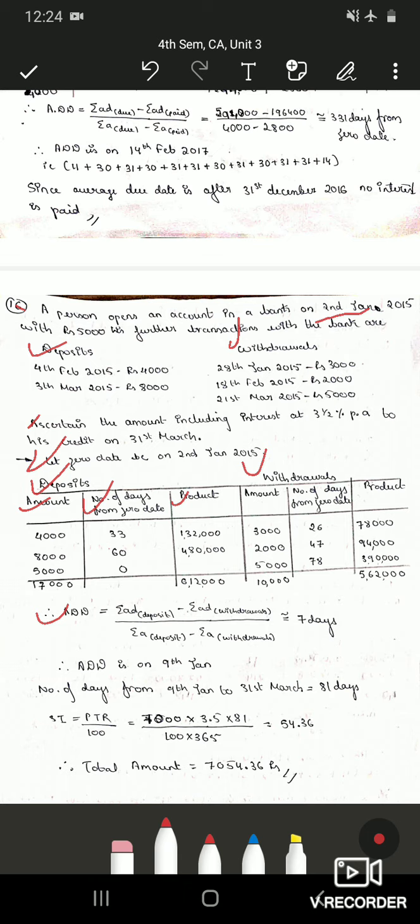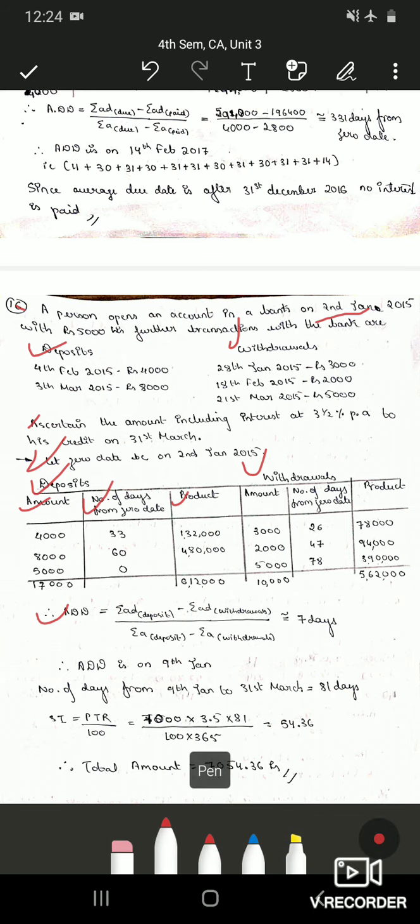Now you have to find the interest at 3.5% per annum as on 31st March. The number of days from 9th Jan to 31st March is 81 days, and when you calculate interest on the balance of rupees 7000, you will get interest as 54.36. Therefore the total amount is 7054.36 rupees.